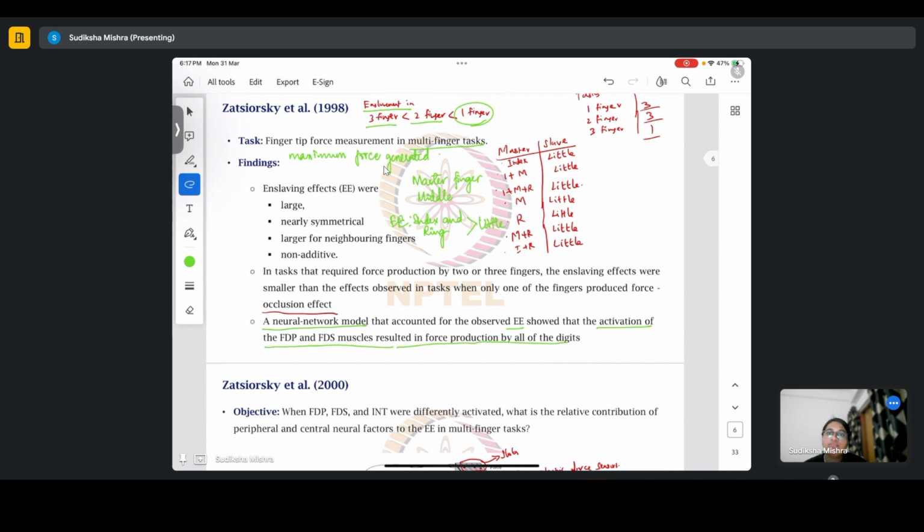This was essentially the background, wherein they saw that the enslaving effects were large, nearly symmetrical, larger for neighboring fingers, and non-additive, and an occlusion effect was observed.